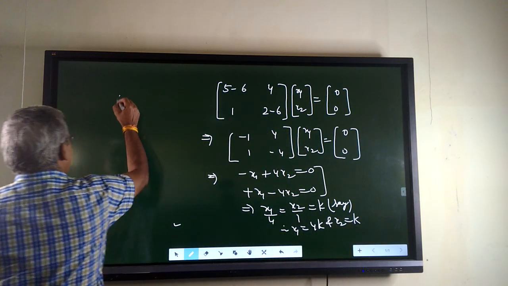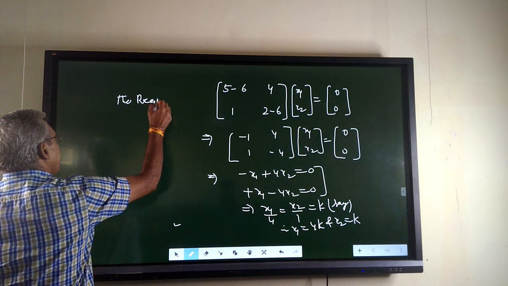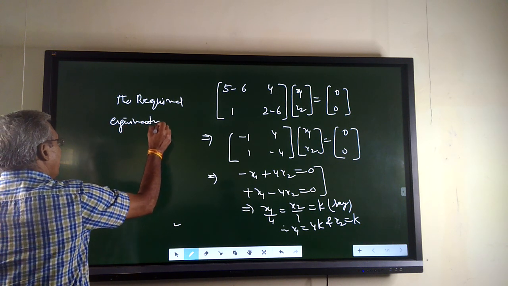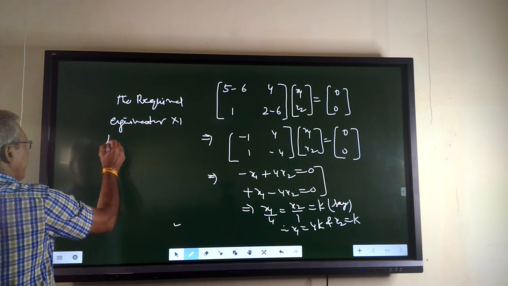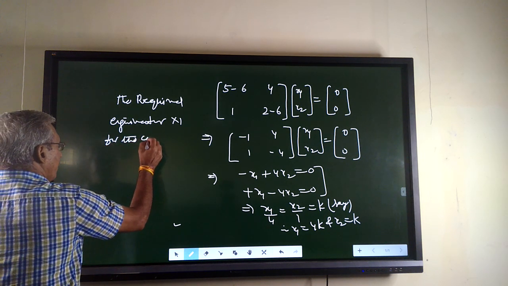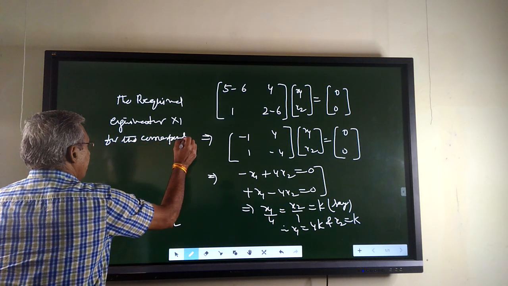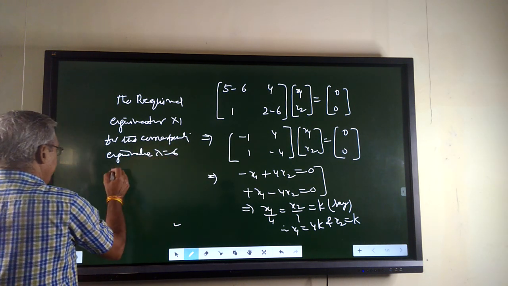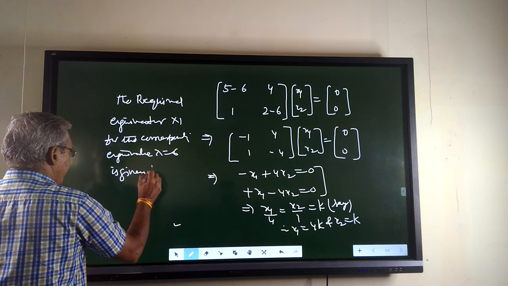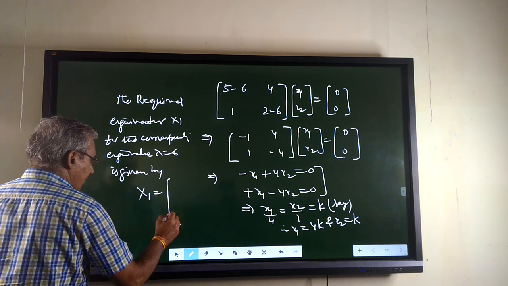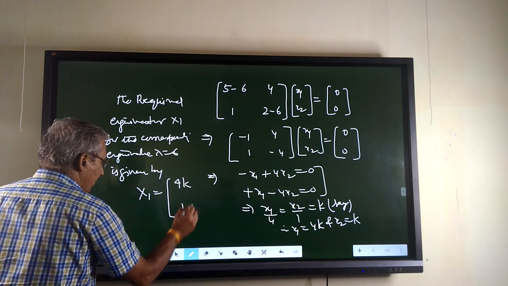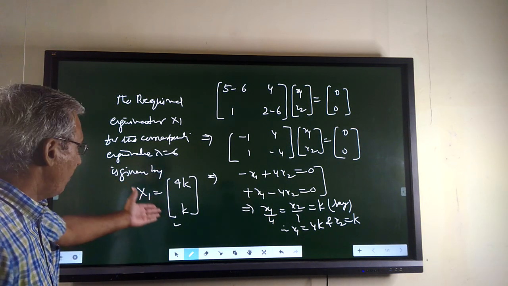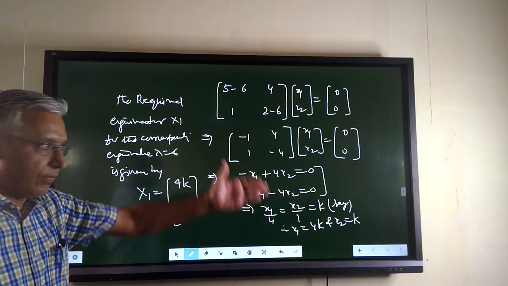Hence the required eigenvector x1 for the corresponding eigenvalue lambda equal to 6 is given by 4k, k. If you are putting k equal to 1, therefore x1 equal to (4, 1), or suppose you are putting k equal to 2, and so on.